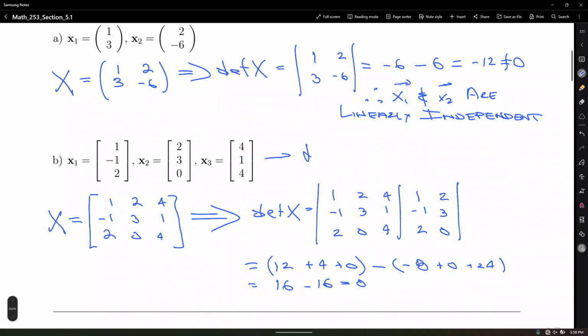So these are linearly dependent. Why is this important? Because we want to make sure that our solutions to these systems of differential equations are linearly independent, so we need to check for this.